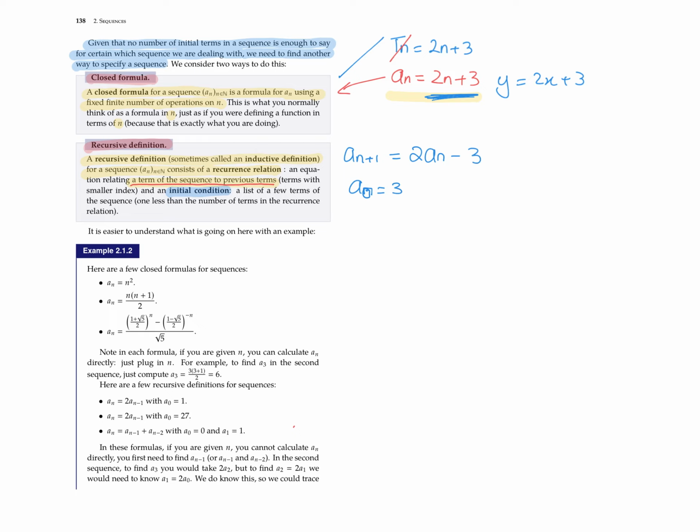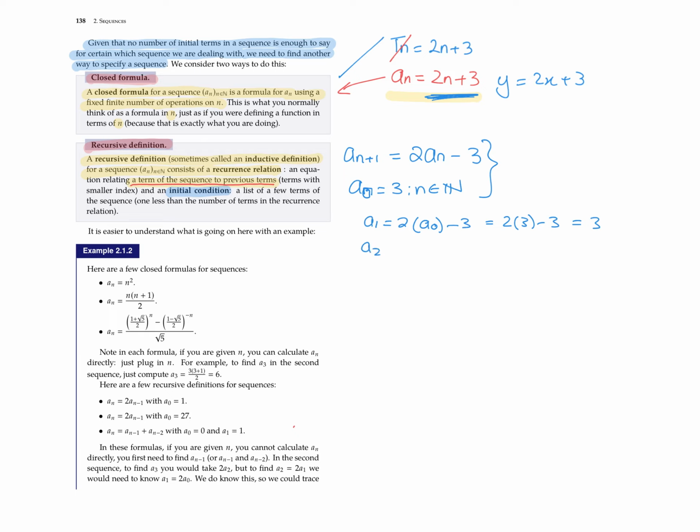Okay, so if A0 is equal to 3, that's the recurrence relation, and we're working with natural numbers, then n plus 1 is 0 plus 1, so A1 is equal to 2 times the previous one, A0, minus 3. So that gives me 2 times 3 minus 3, and the sequence kicks off at 3.